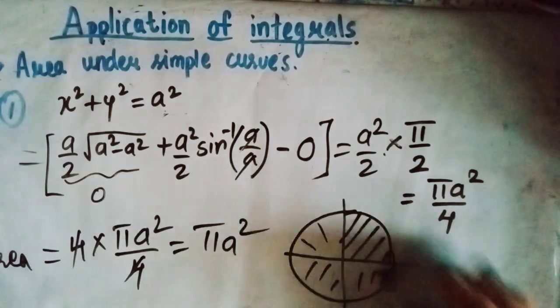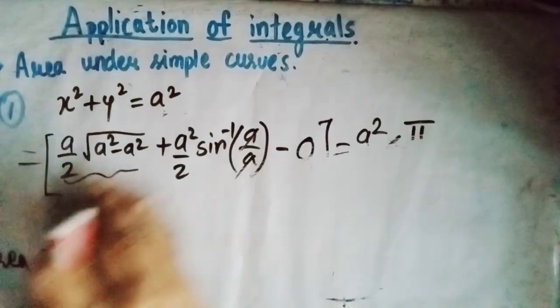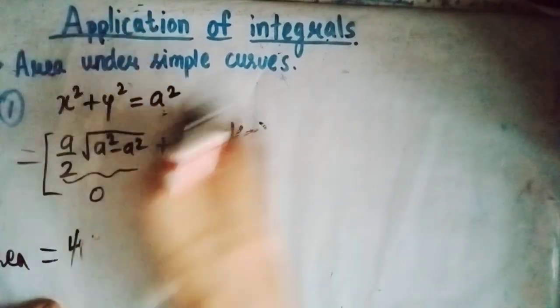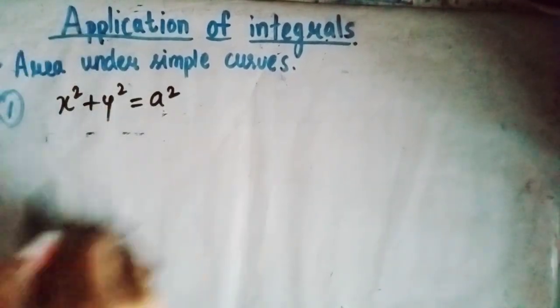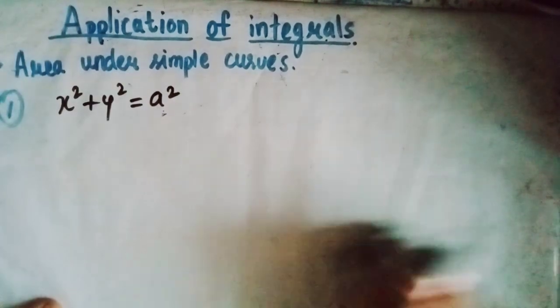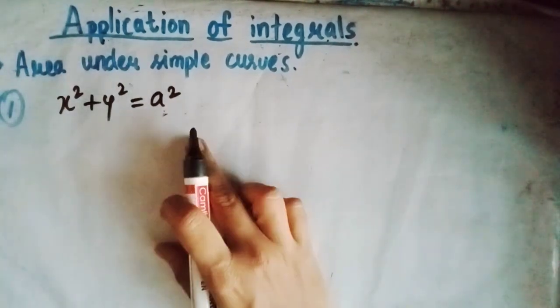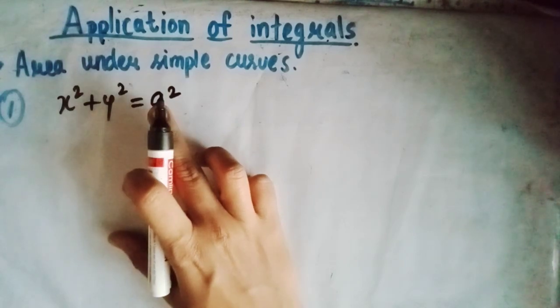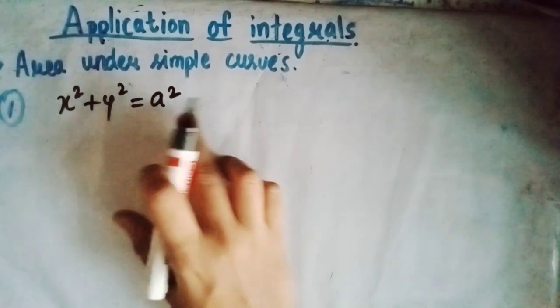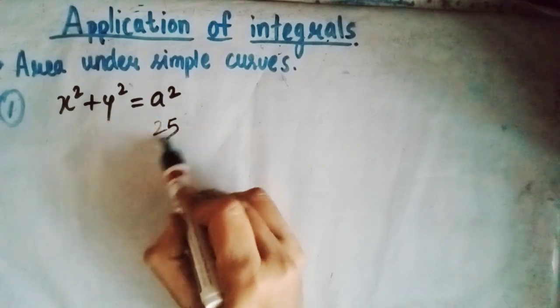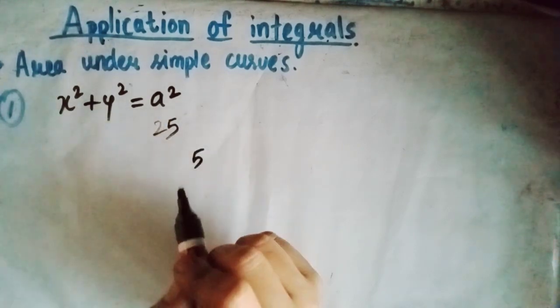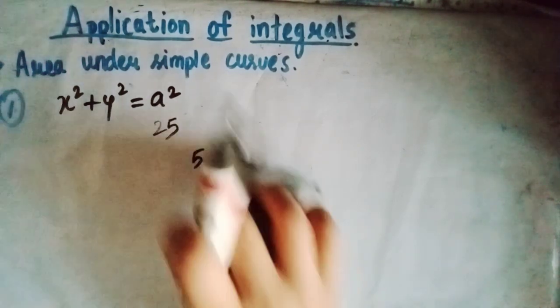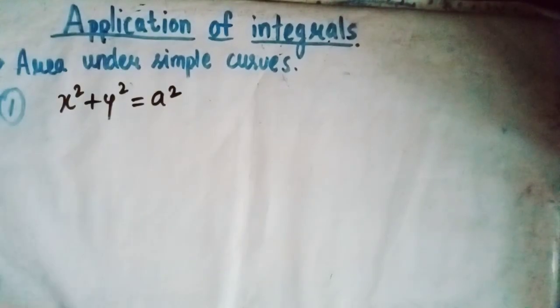This is in general, a general circle is given. Questions can come in specific form, where they may give you the radius, for example 25 as a square, so the radius is 5. In place of a you have to substitute 5, and the whole process is the same.